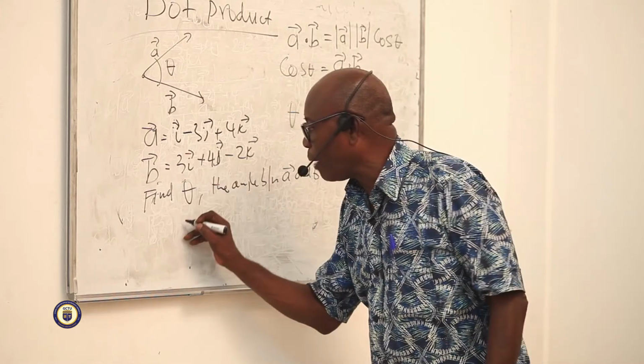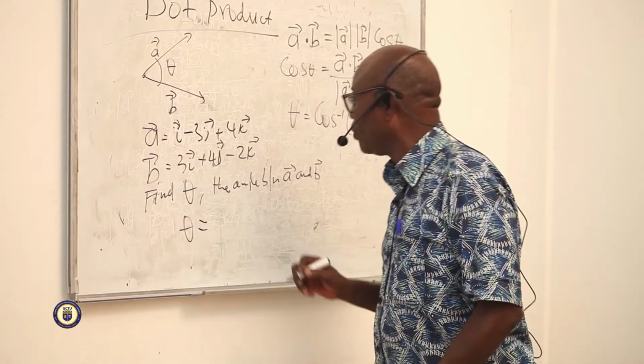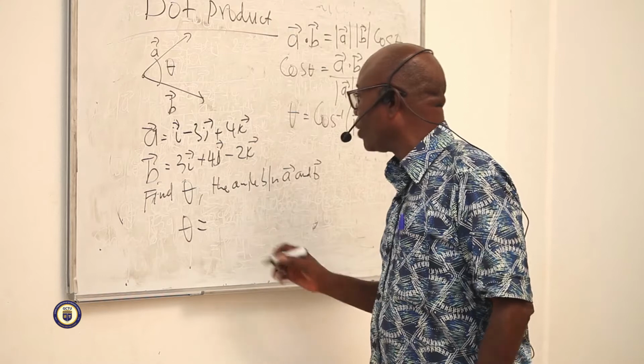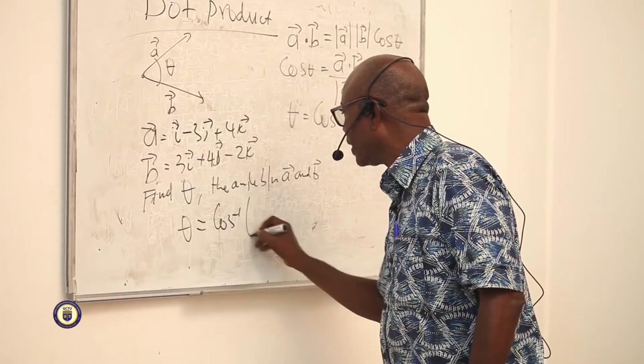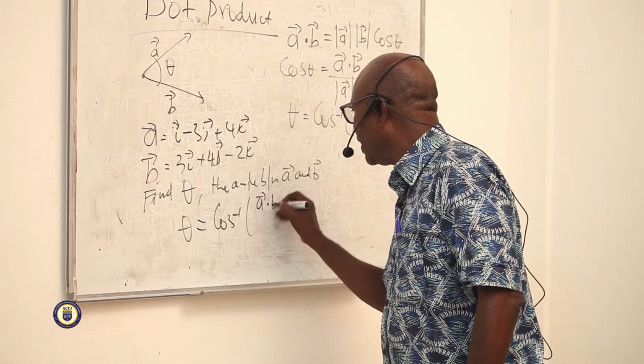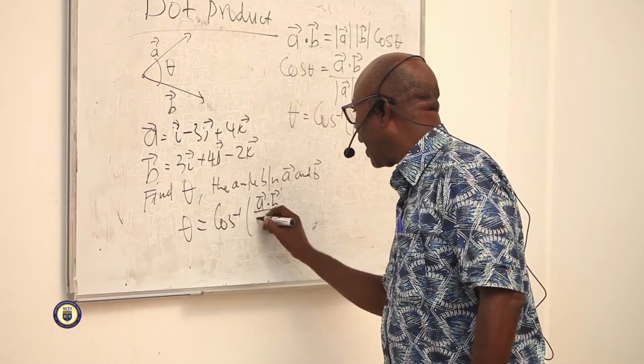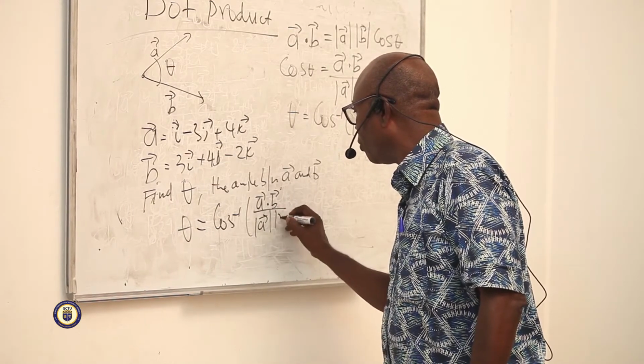So in this case, our angle theta is defined as cos inverse of A dot B over the absolute value of A times the absolute value of B.